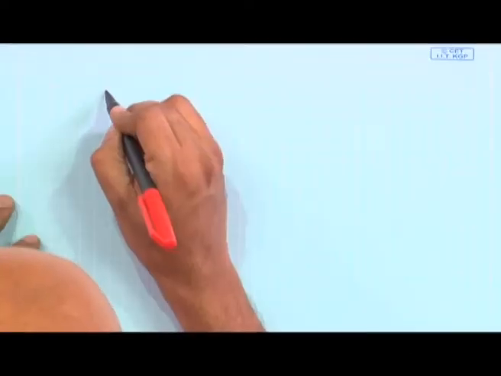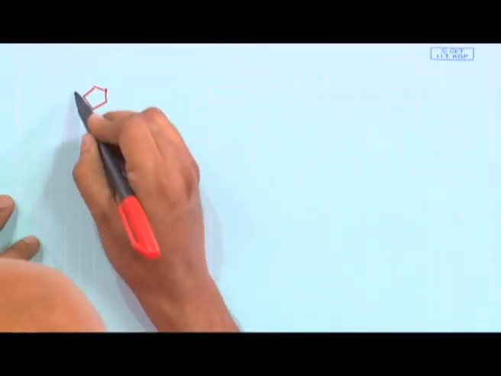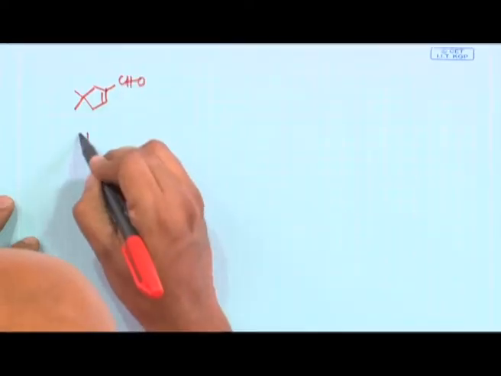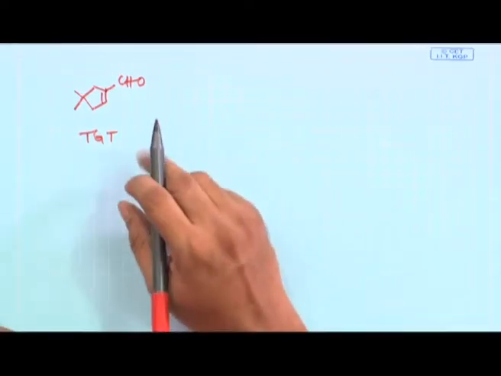I will try to give you a very unusual transformation, which probably you will not find in any textbook, but that is very useful. We will explain in terms of retrosynthetic analysis. What is it? We have a target molecule, something like this. The target molecule is given to you. Okay.